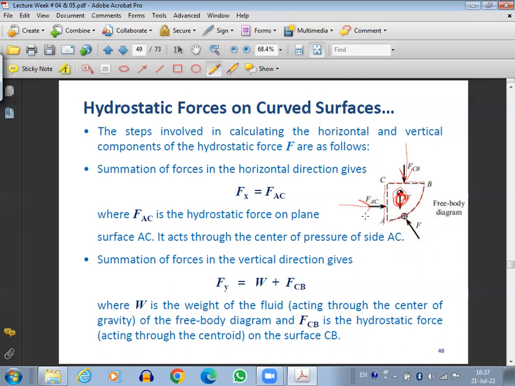So this makes it a little complicated. For the horizontal hydrostatic force, there will be no effect. But in the case of the vertical hydrostatic force, there will be an effect. Why? Because the weight of this volume is also acting downward. So then we have to apply the lever rule to find the corresponding position of this force.